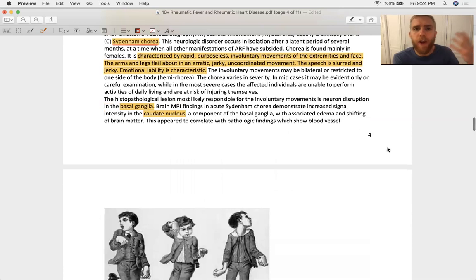Sydenham's chorea. Chorea is going to be like spastic, erratic. That's a good word. Kind of spasmodic movements with no rhyme or reason to them. And the patient might have dysarthria alongside that. And then emotional lability is characteristic.